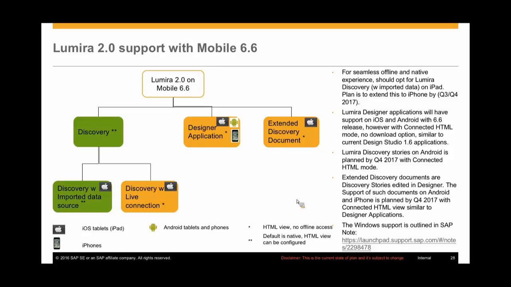We are planning to release iPhone support for Discovery before Q4 this year, and we are also looking at supporting Discovery on Android devices in our upcoming 6.7 release. Both 6.6 and 6.7 are planned this year. 6.6 is planned to be available in the July timeframe, whereas 6.7 is the Q4 timeframe.